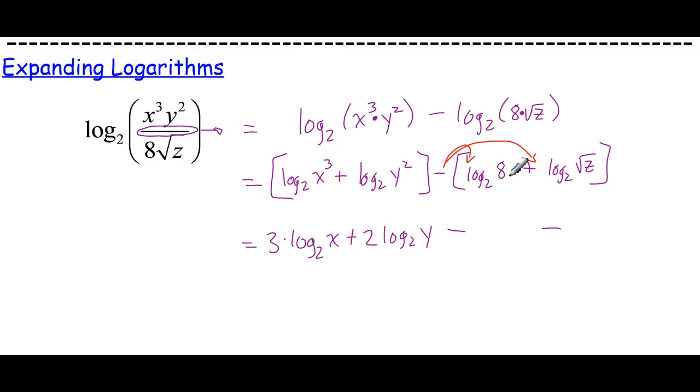And then each one of these has something a little tricky that happens with it. You might want to pause the video and see if you can anticipate what I'm about to do. And then once I do it, if you don't understand, pause the video and try to figure it out. This one comes out 3, and this one comes out 1/2 log base 2 of z.